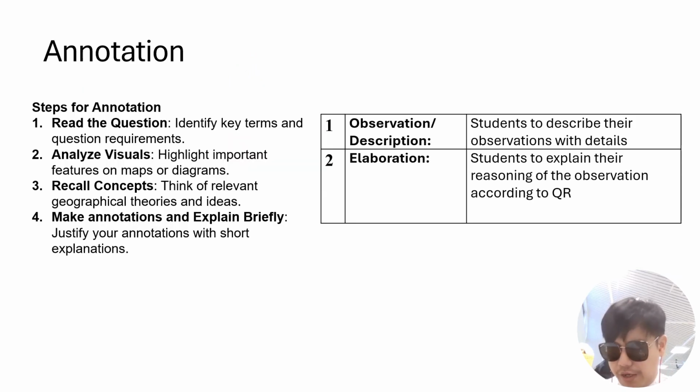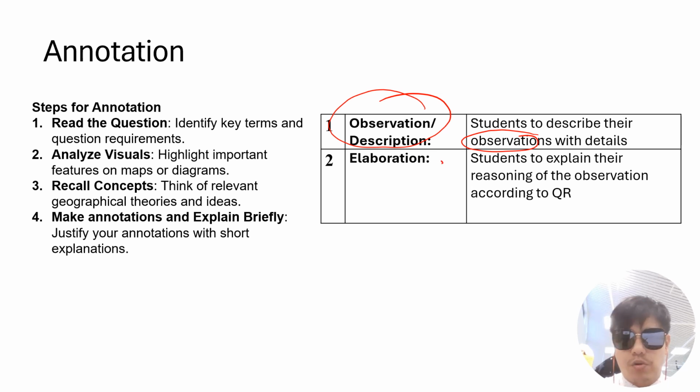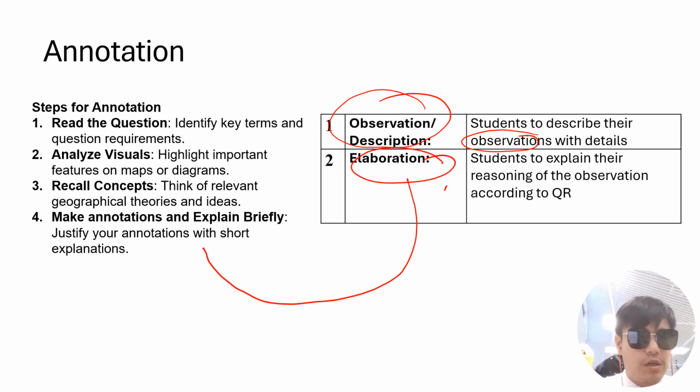Okay, next for annotation. For annotation, we are looking at these steps. Make sure you know how to do annotations. Generally, I teach my students to describe whatever you observe, and you elaborate on it. Of course, this is with regards to the questions. What is the question?